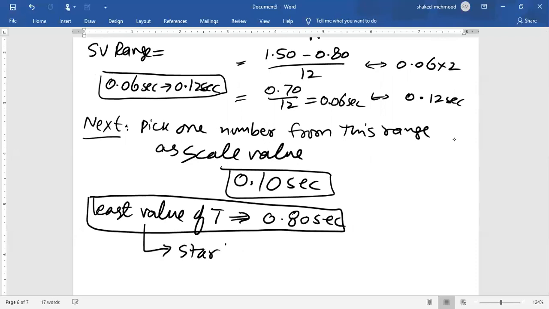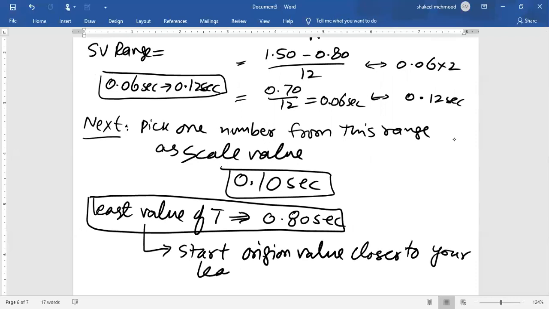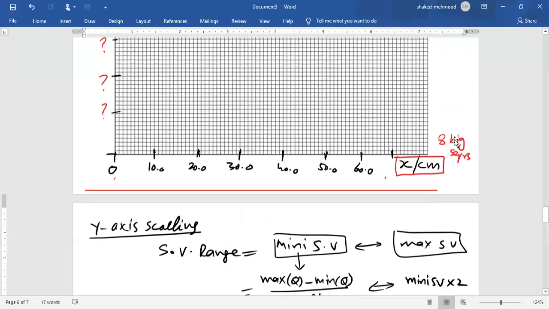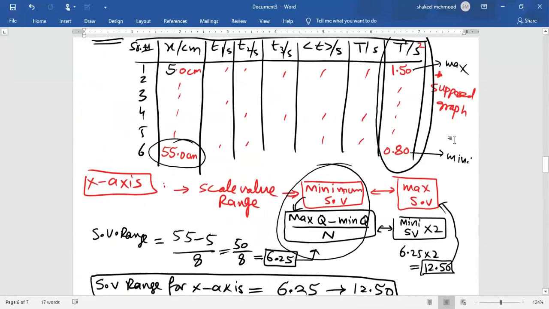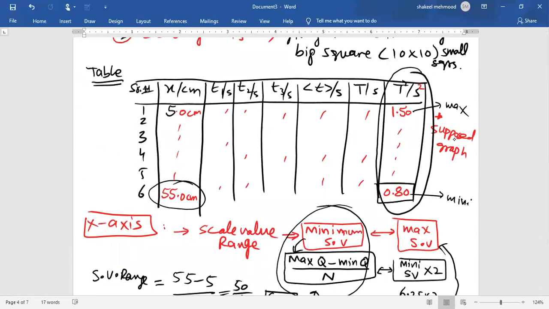Start the origin value closer to your least value. Don't always start it from 0. We have started x-axis from 0. Why? Because the minimum value was 5, and 5 is closer to 0. That's why I can take 0. But for y-axis beta, the minimum value is 0.80.